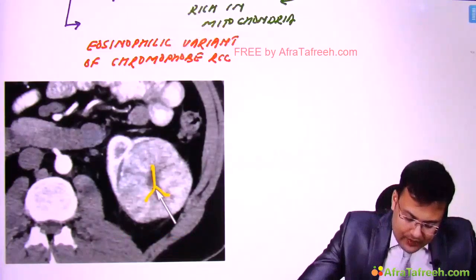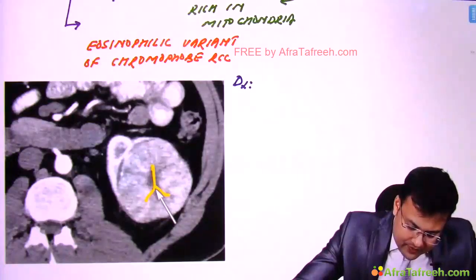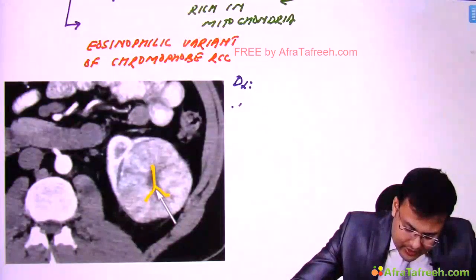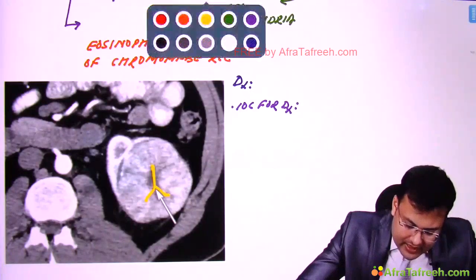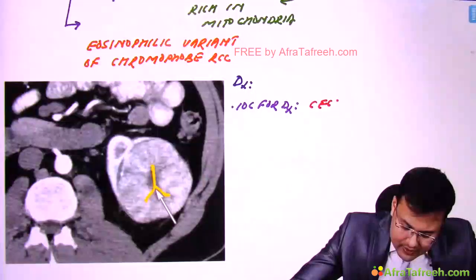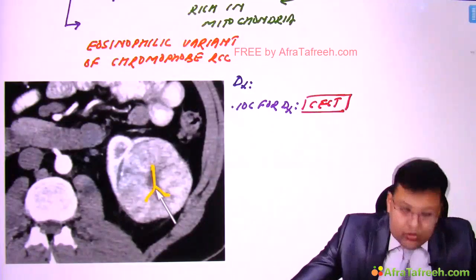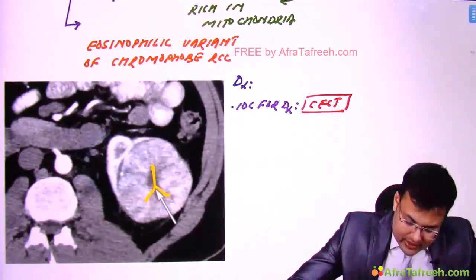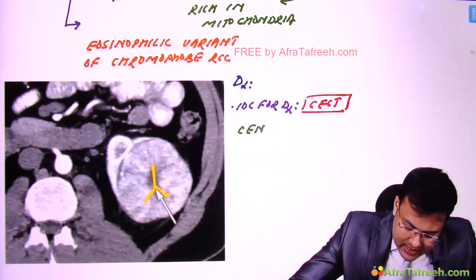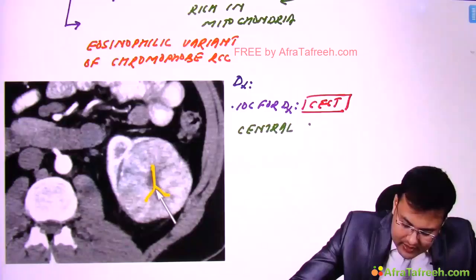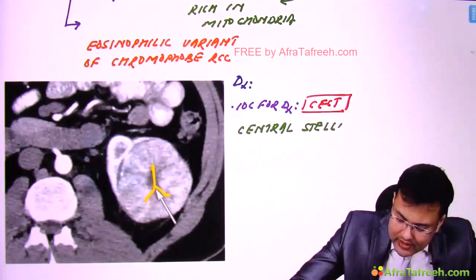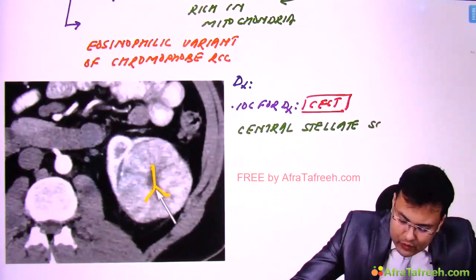So the investigation of choice for diagnosis is CECT, and on CECT you see this appearance, and this is what? Central stellate scar. Right? This is one question.